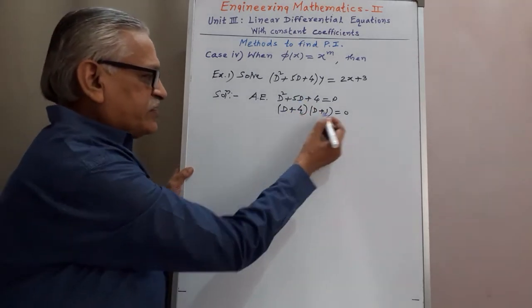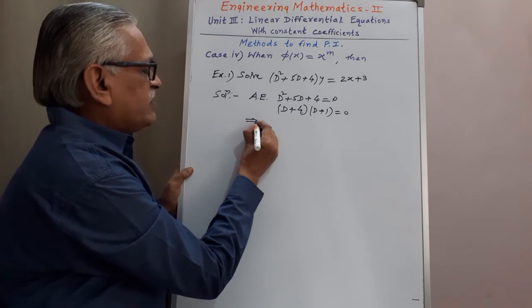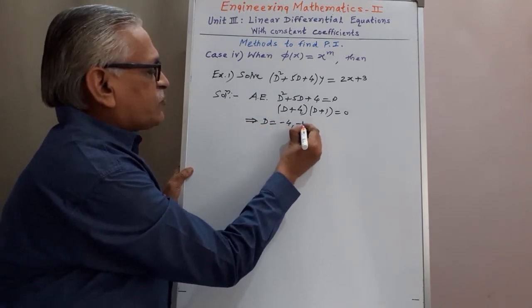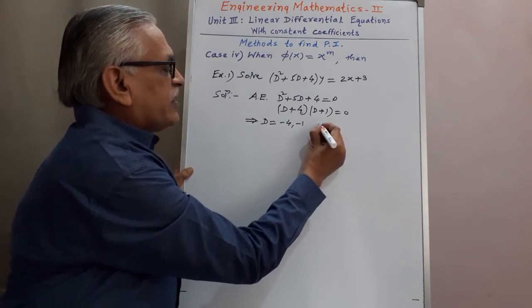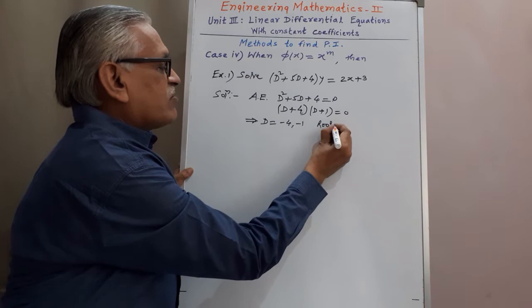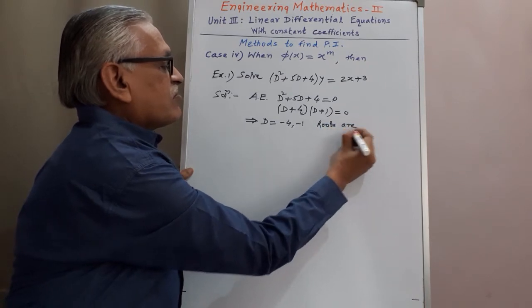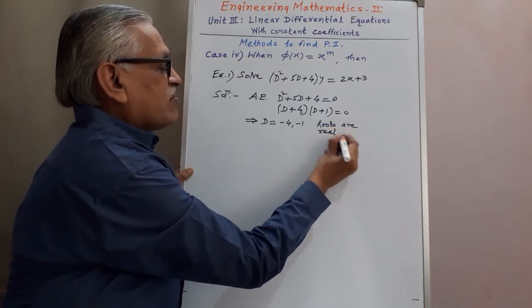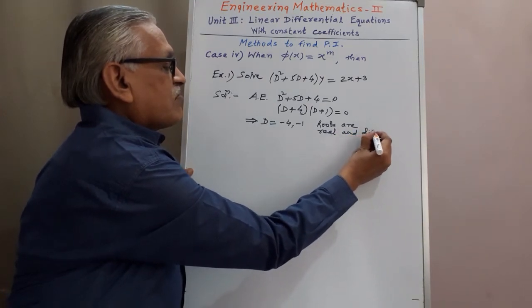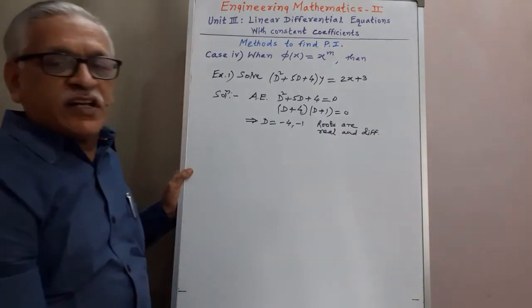Then equating each term to 0, we get roots as minus 4 and minus 1. Roots are real and distinct.